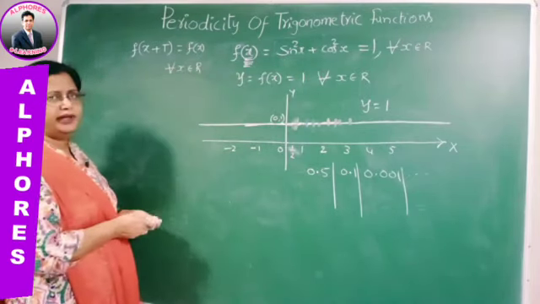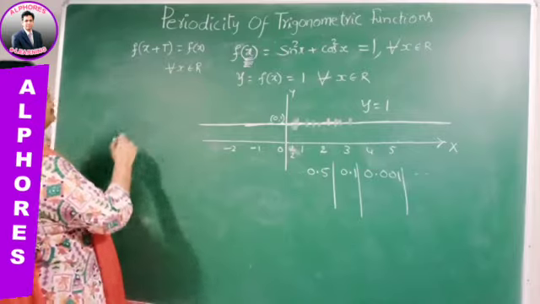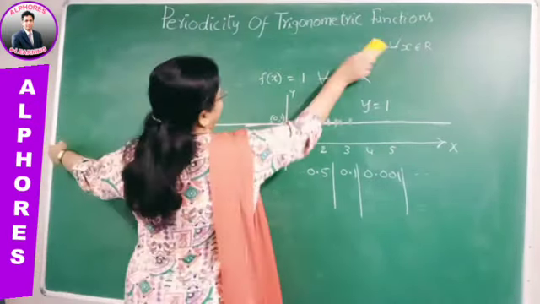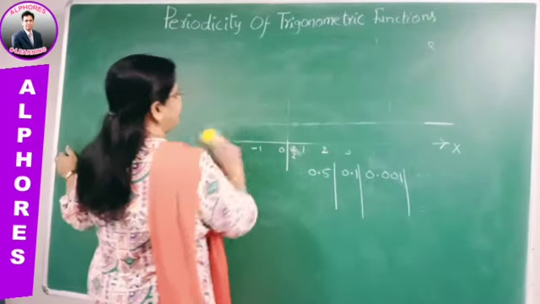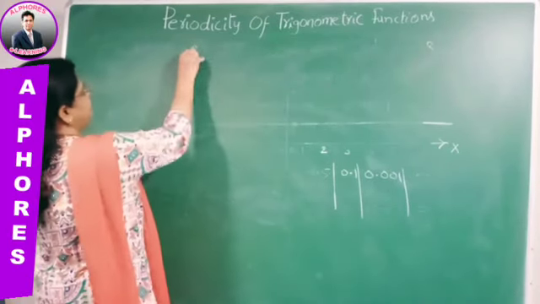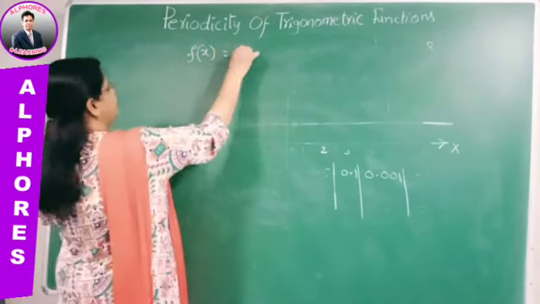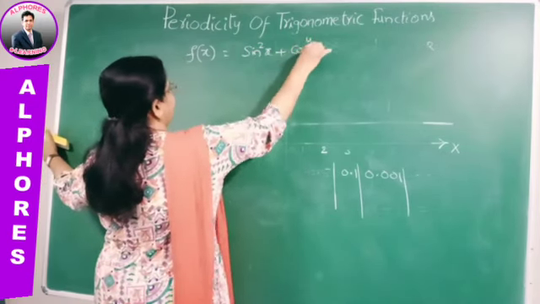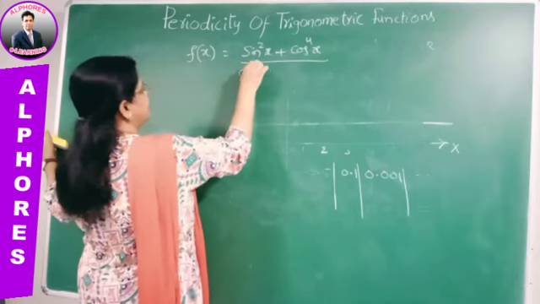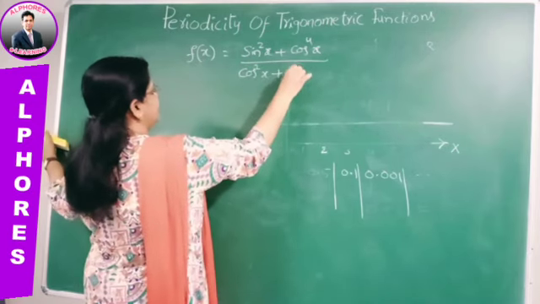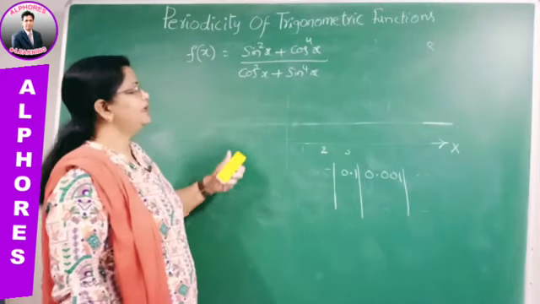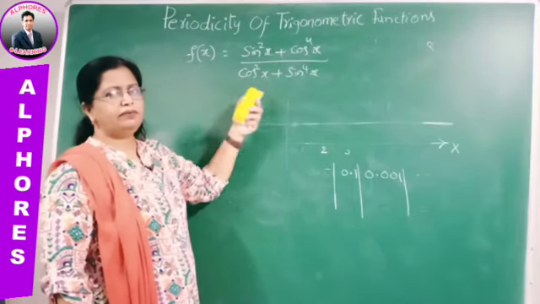Then students, you can come to the case of another constant value that I am taking. Suppose f of x is equal to sin square x plus cos to the power of 4x divided by cos square x plus sin to the power of 4x. In trigonometric ratios and identities, we have already observed this kind of function.